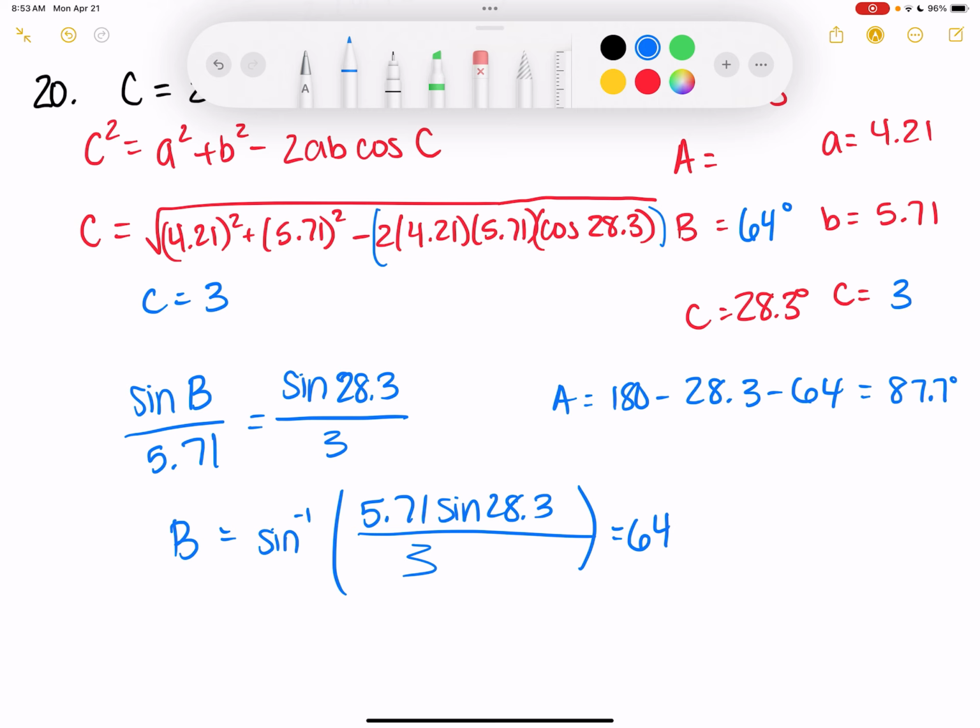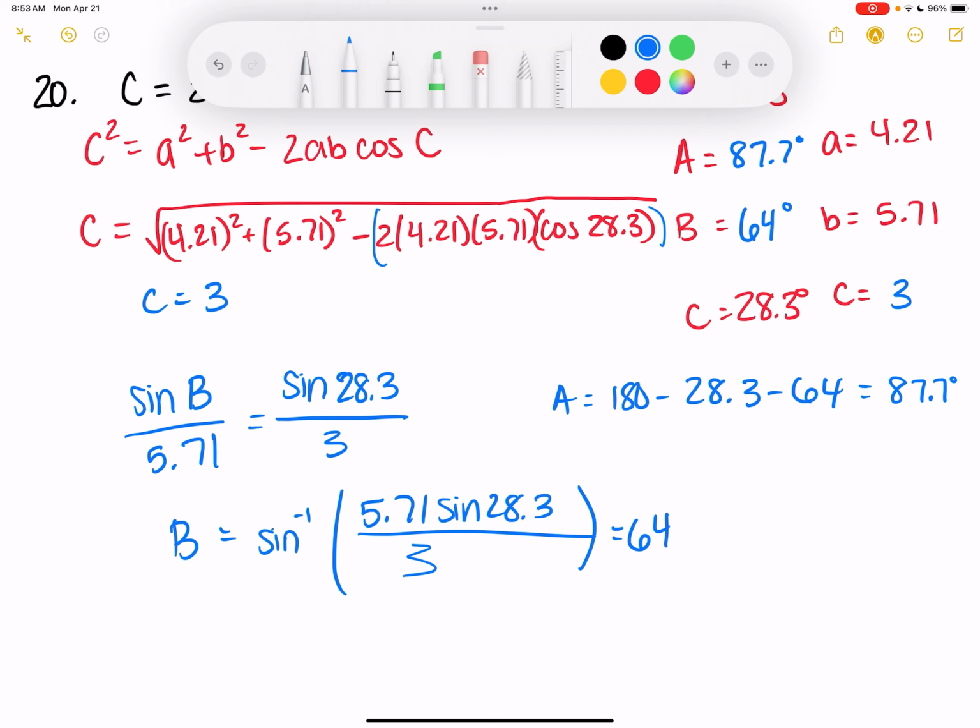Now, what do we notice? The angle for A is too big for the side. So when that happens, nothing mathematically that I have done is wrong. Okay? But obviously we're noticing something's not right.